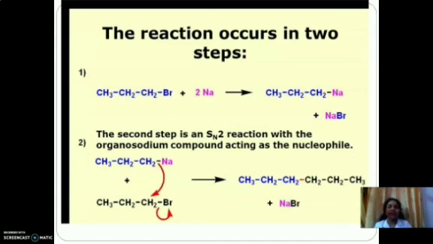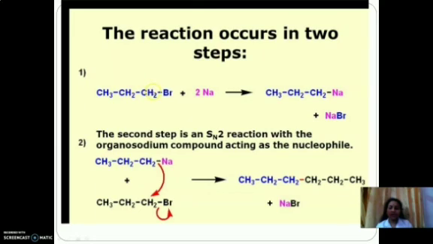So we'll see the mechanism of the Wurtz reaction. The first step is the formation of the organometallic compound. Here instead of magnesium we are using sodium. There are 2 sodium. The very first step is that one sodium is directly attached and Br will leave.